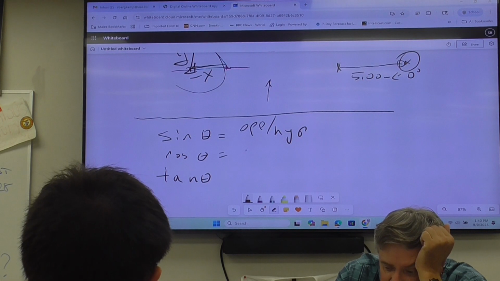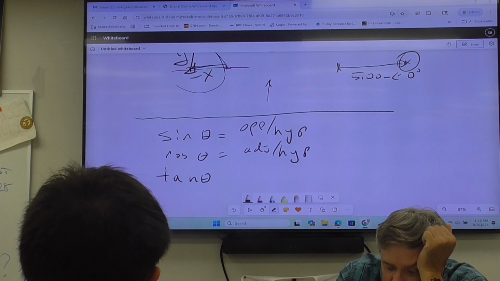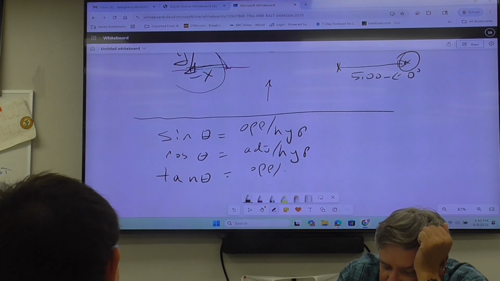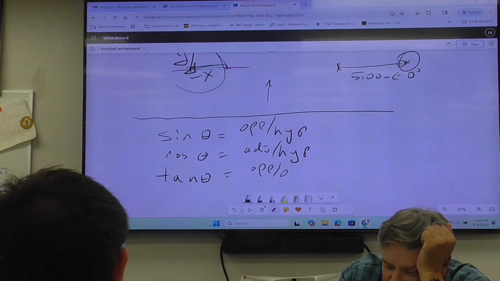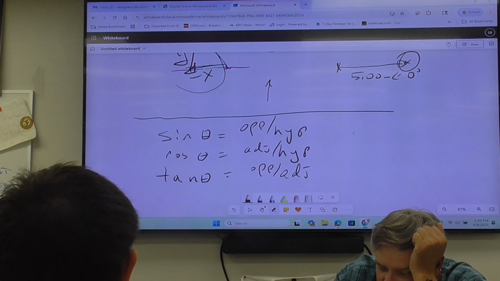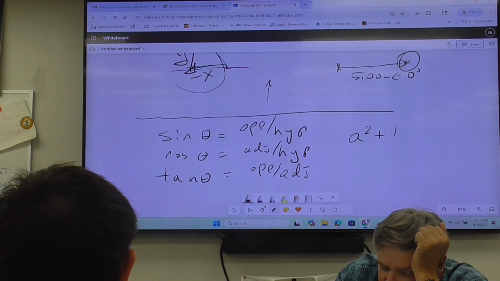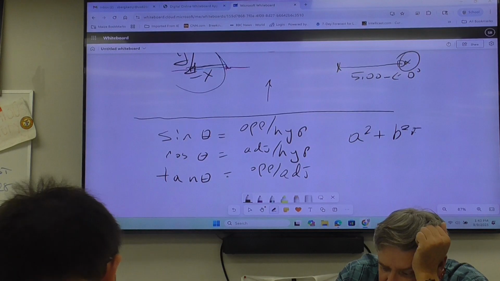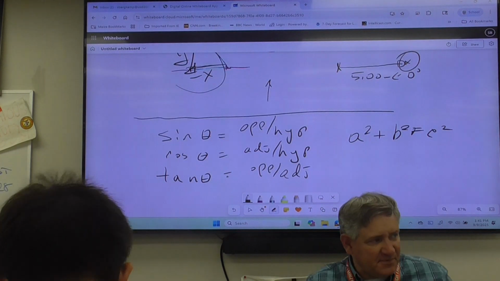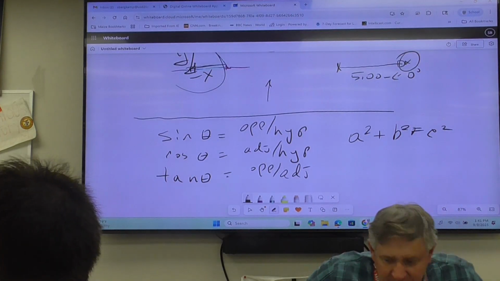Cosine is adjacent over hypotenuse, and tangent is opposite over adjacent. They still teach SOH CAH TOA? And then we're going to have the Pythagorean theorem, a squared plus b squared equals c squared. Those are going to be the big equations that we're going to need from here on out.